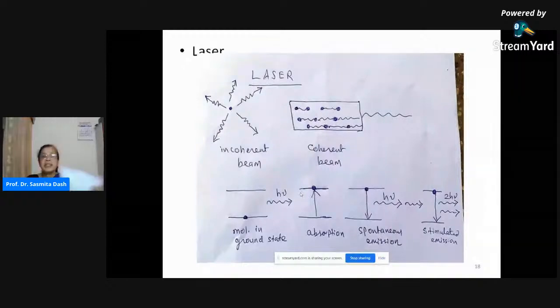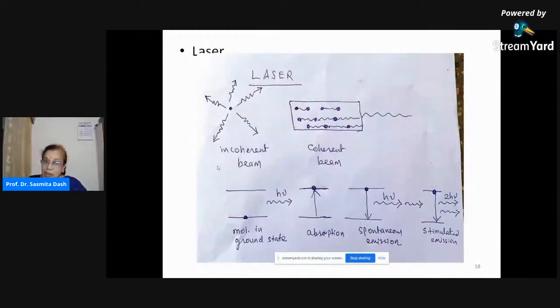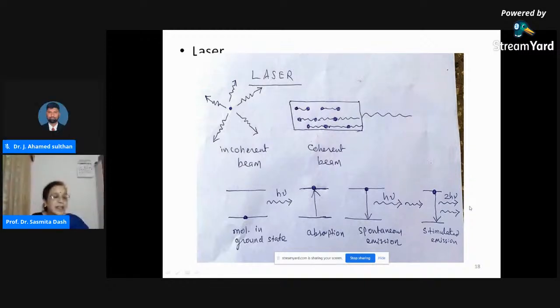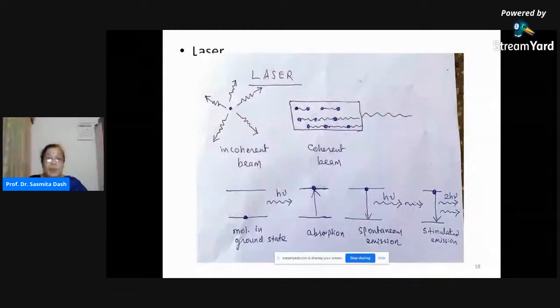So there is a possibility that on each photon impinging on the system, an extra photon is added to the beam, and under these circumstances the emitted intensity will be larger than the incident intensity. This is known as laser action. The radiation which promotes the molecules to the upper state is known as pump radiation.